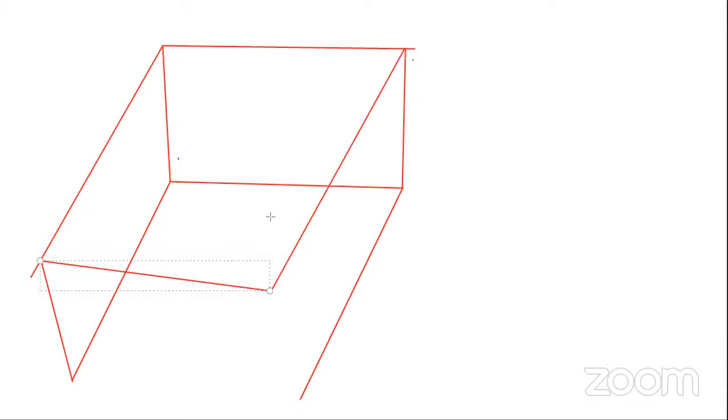Much as it might not be very accurate. Okay, so here this would be a three-dimensional shape, for example a box.